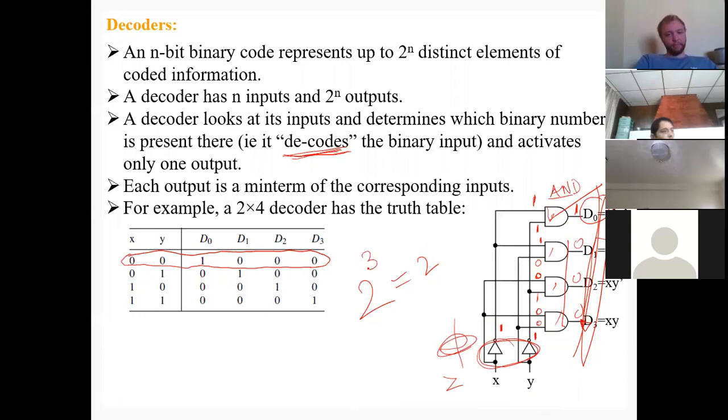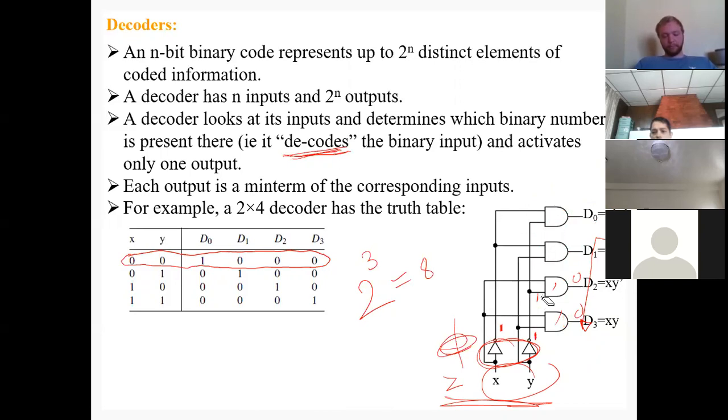N is 3. Then how many outputs do you get here? 8. If you had 3 inputs, then you'd have 8 here. Since we have just 2, that's why we have just 4 outputs. Does it make sense?